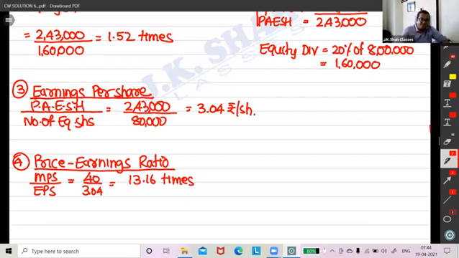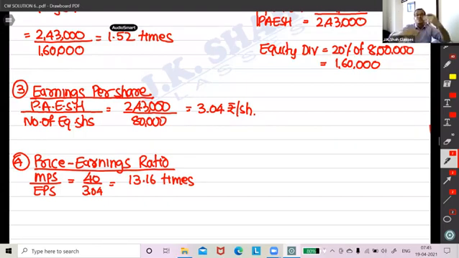13.16 times, guys. Price earning ratio. Remember that the share is costing 40 rupees in the market and you will earn 3.04 from it. So how many times of the earnings will you have to pay? 13.16 times I will have to pay. People, you remember this PE ratio, PE multiple.